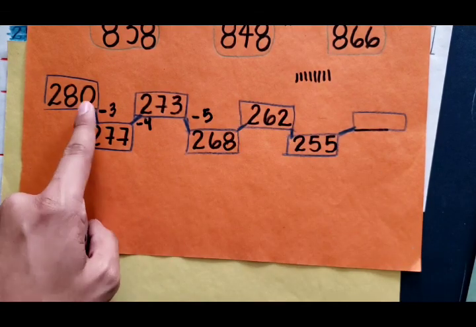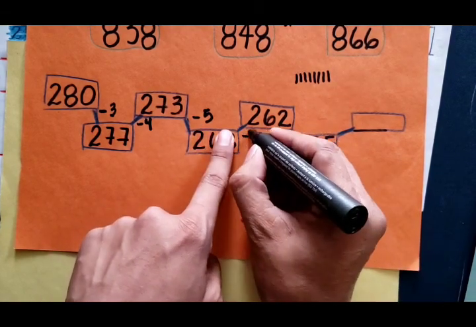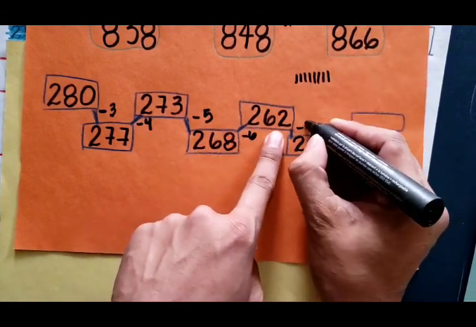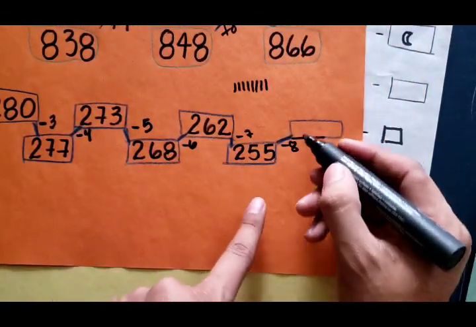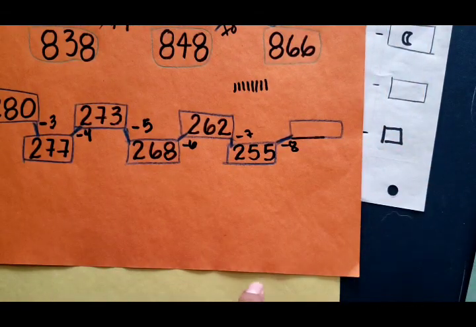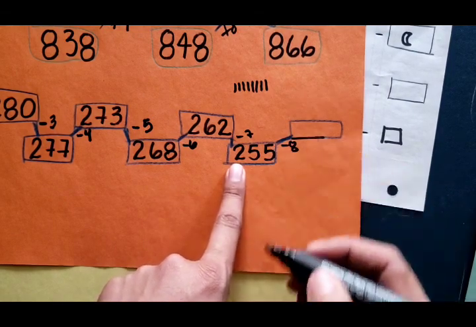And now look at this. Minus 3, minus 4, minus 5. The next one, minus 6, minus 7, and then minus 8. And so if we want to complete this one, you need to subtract 8.